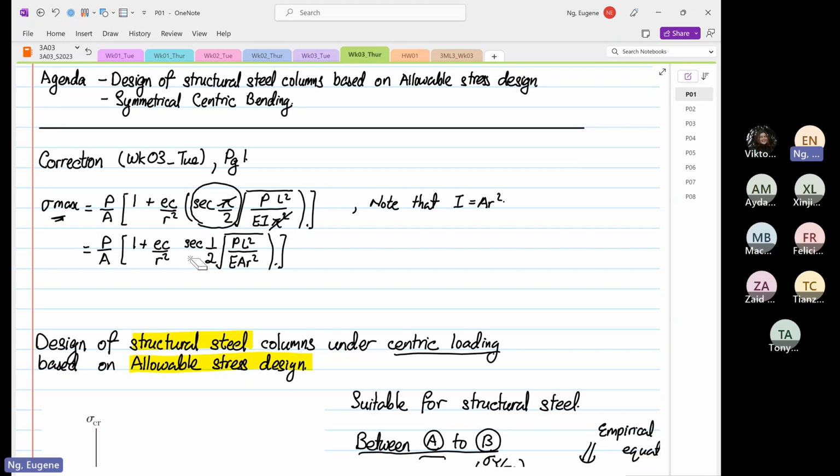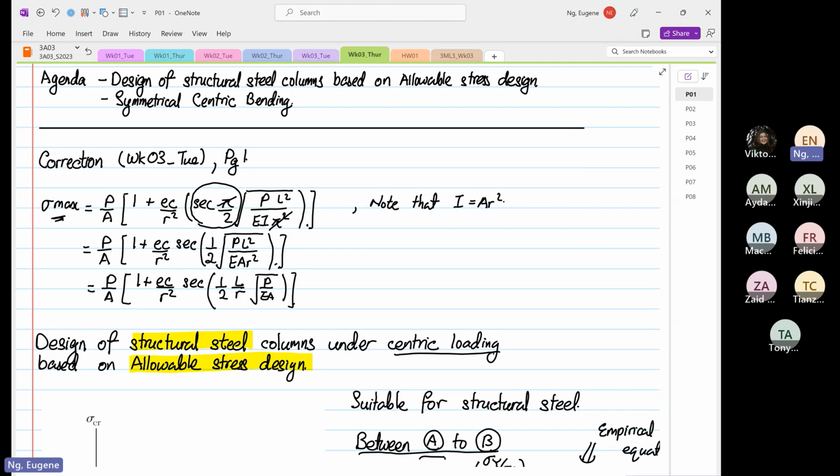If I were to tidy things up better, it should be secant and then bracket this term. Then to continue, you have P over A, bracket 1 plus eC over r squared secant. I still remember we took out the half, and then we have L over r, and then the whole thing times the square root of P over EA. So that is the final form.